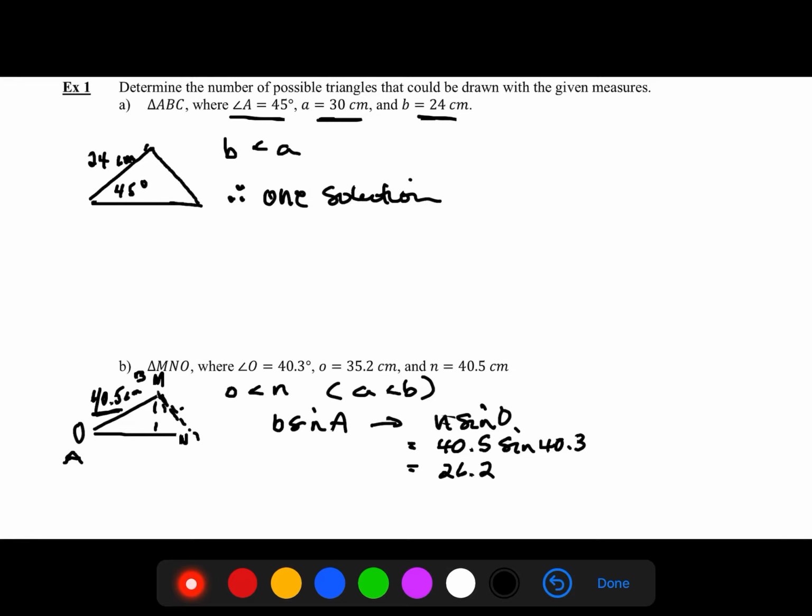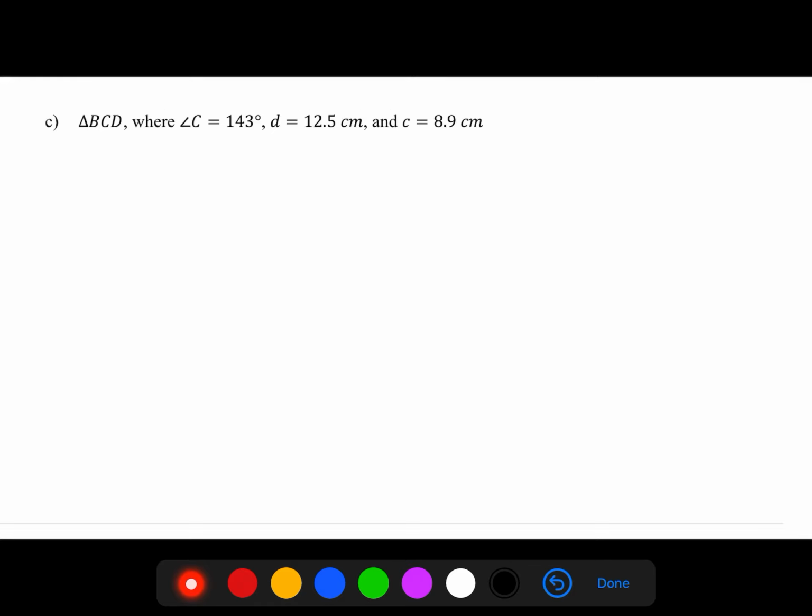Multiplying those together, we get 26.2. So the height of this triangle would be 26.2. Now, side O is longer than that, so it would come out and meet over here, meaning that there are two solutions. We can state that O is greater than N sine O, therefore there are going to be two solutions, two different triangles.